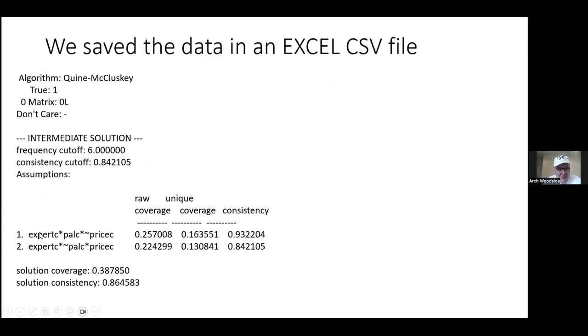Here you have 2 models, and we were asked to come up with models that accurately predict purchase. One model was high expertise, PAL present, and low price. The consistency is 0.93. That's the first thing you want to focus on, the consistency.